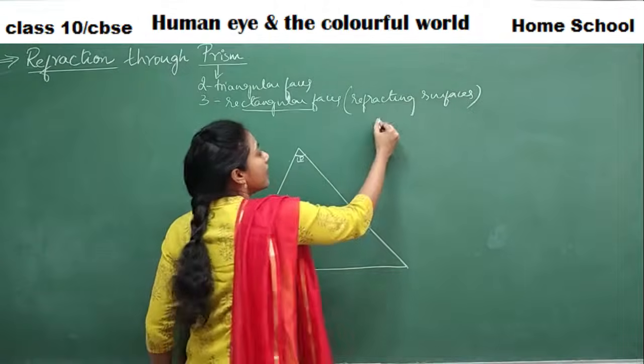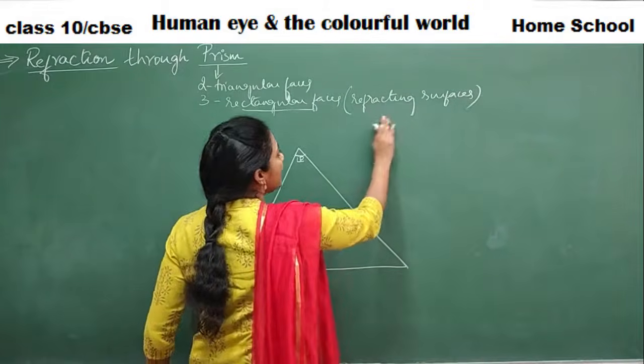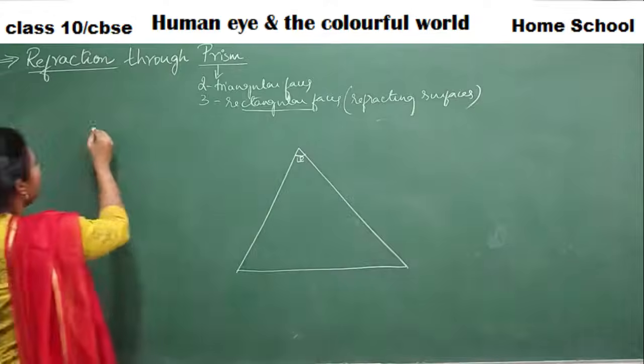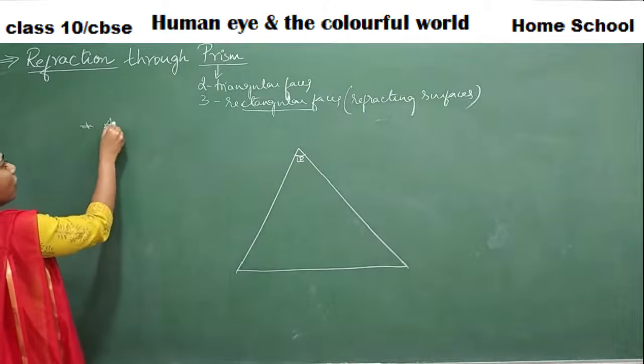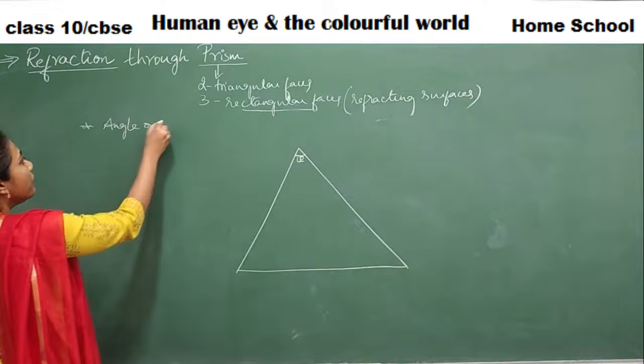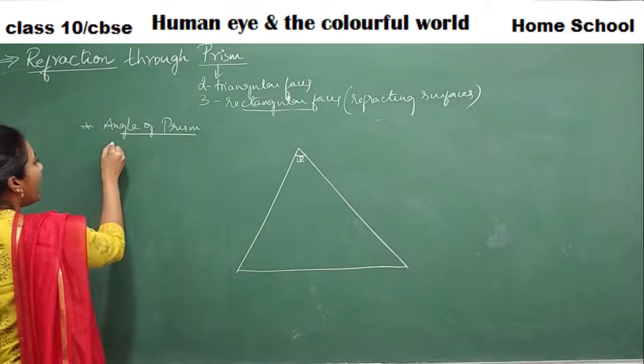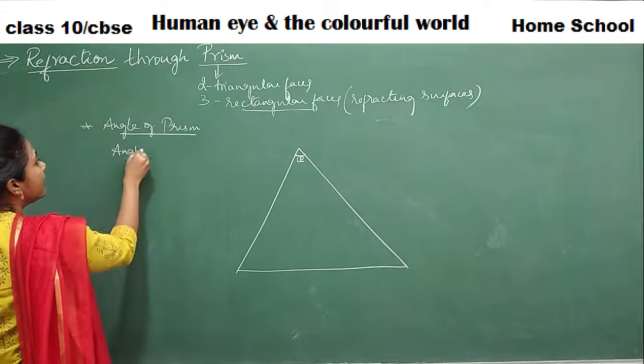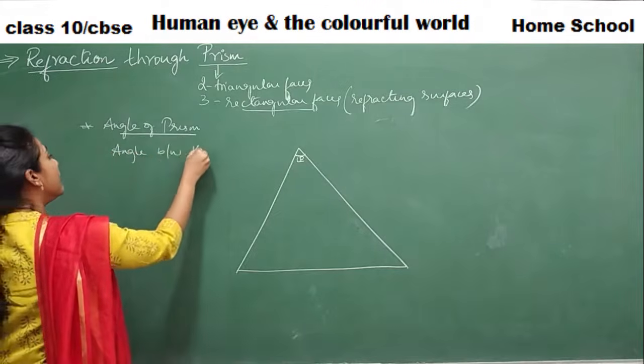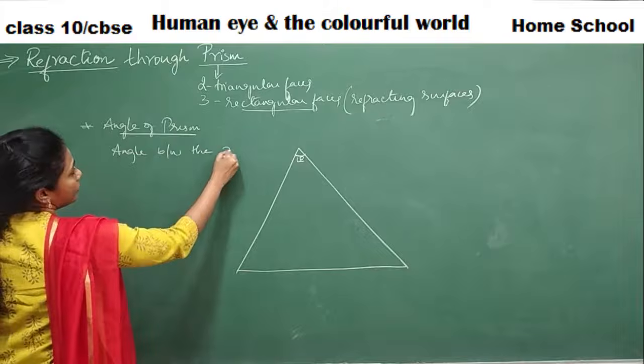So the first important definition here, let me write all the definitions on this side. Angle of prism. So what do you mean by angle of prism here? The angle between the two rectangular faces.